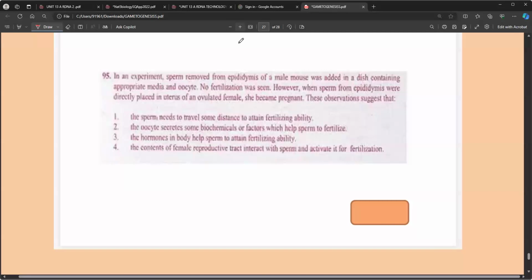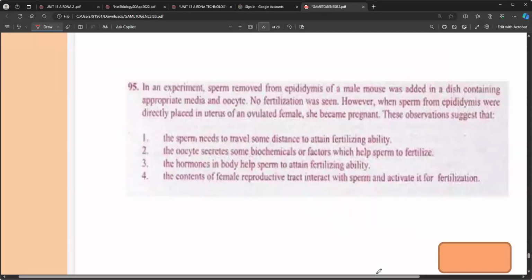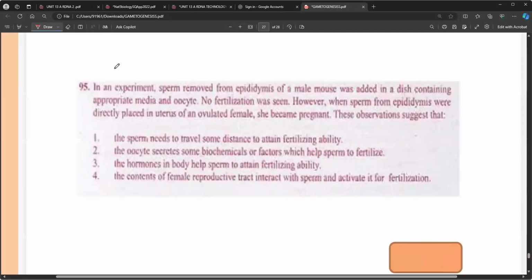Again, think and answer the question correctly. I'll read the question. In an experiment, sperm removed from the epididymis of a male mouse was added in a dish containing appropriate media and oocyte. No fertilization was observed.